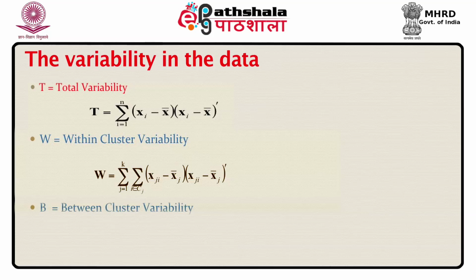And then you take the outer sum, which is over all the clusters, and you compute the total within cluster sum of squares. The other variability is the between cluster variability, which is B, and this is the variability among the cluster centroids, so the distance between the centroids of the different clusters.